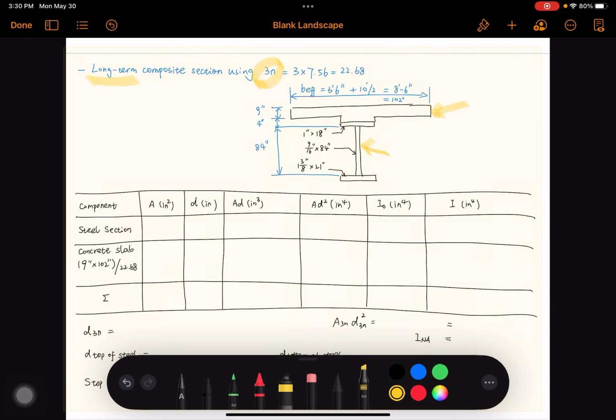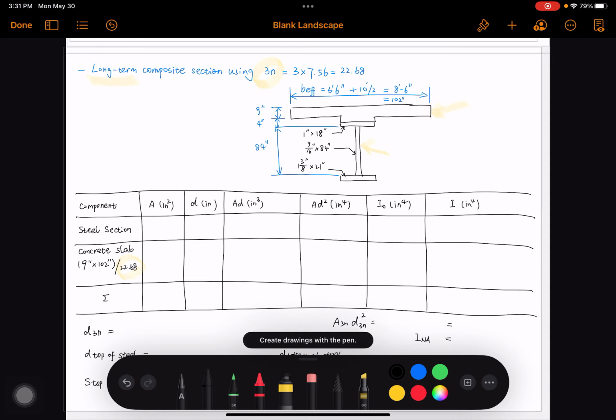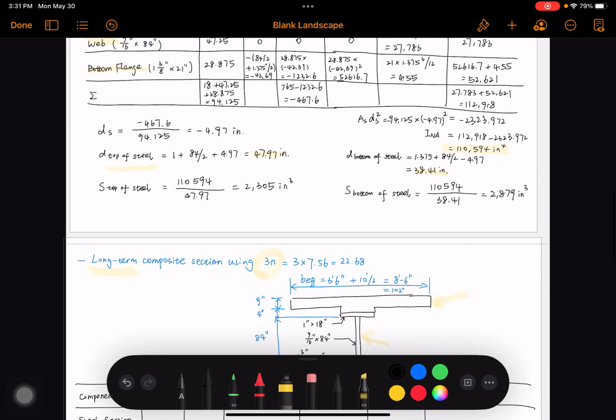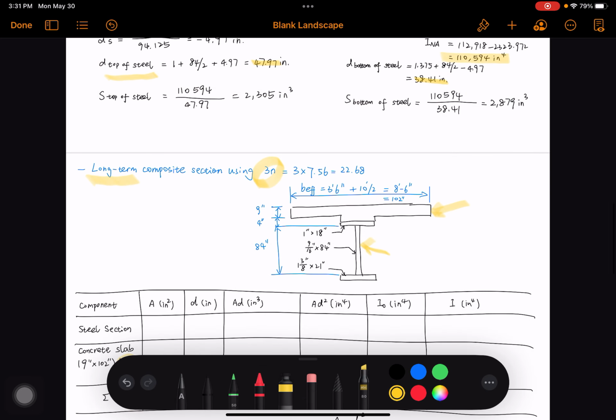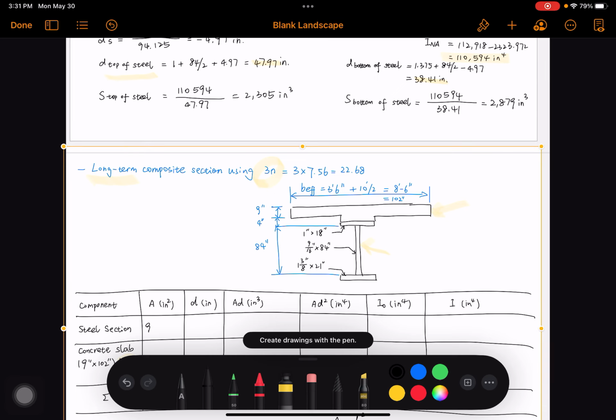So this 3N will be reflected here in the concrete, which is the concrete area divided by 3N equals 22.68. So now the steel section as we calculated earlier, A equal to 94.125. So we just simply move it here, 94.125.